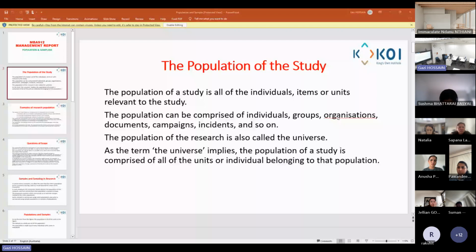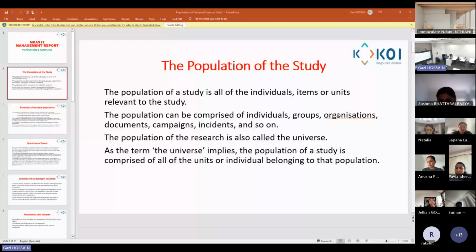So the organization, university, or institution can be the population. Sometimes it can be banks. Sometimes it can be shops, such as hospitality or fast food shops.